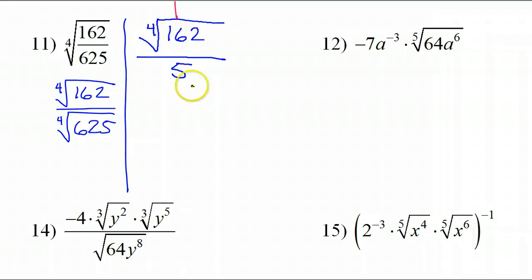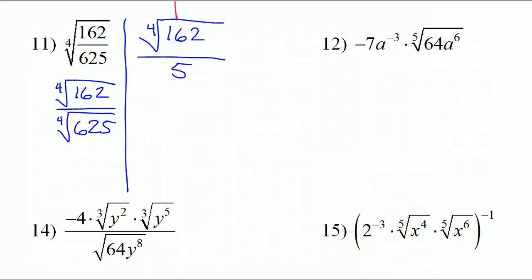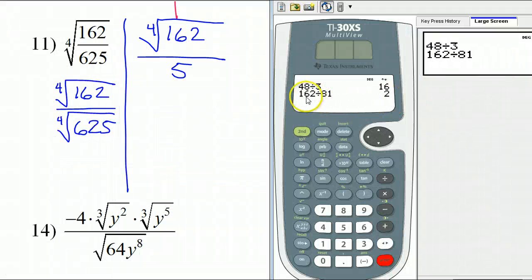162. We're dealing with the 4th power, so I've got 81 and 16. I need to see if either one of these will divide evenly into 162. It turns out 162 divided by 81 is 2. That means I can rewrite 162 as 81 times 2.